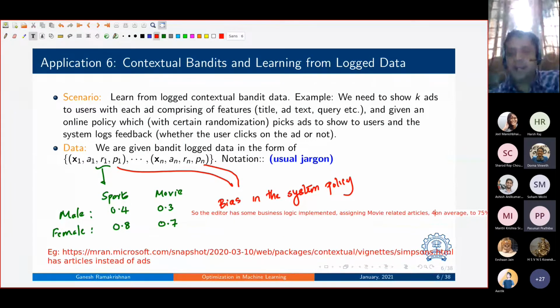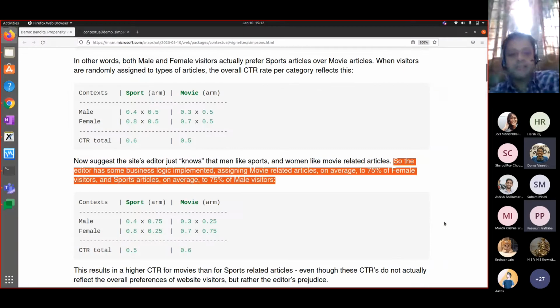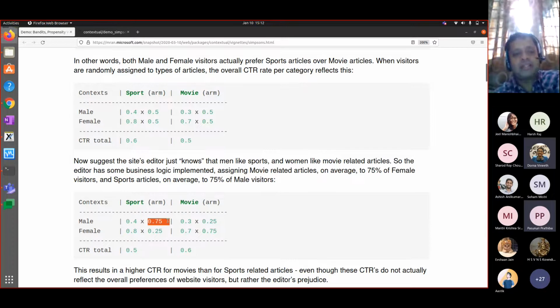Now we want to normalize or adjust for this. How do we do that? So if you just use this, right? So 75% ads are shown to males. So you look at 0.75 into 0.4. So if you look at sports itself, you'll have a very high weightage, 0.4 into 0.75 plus 0.8 into 0.25.